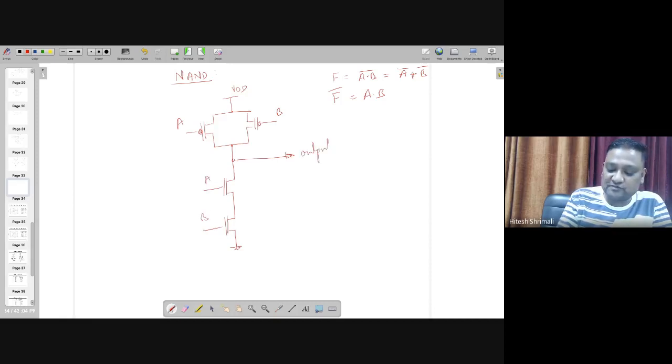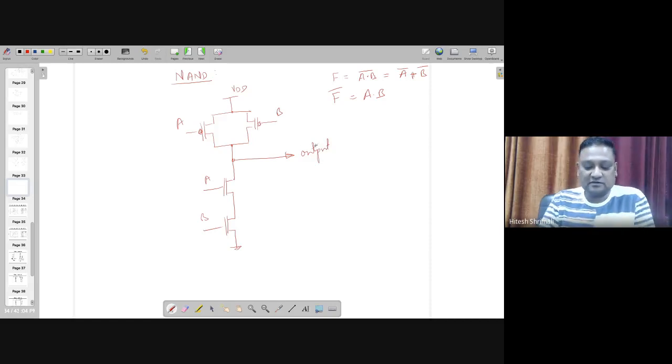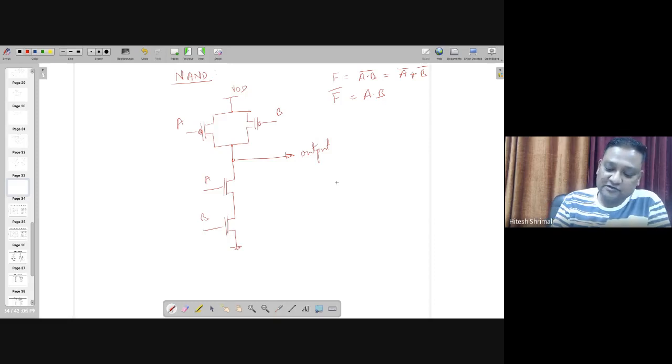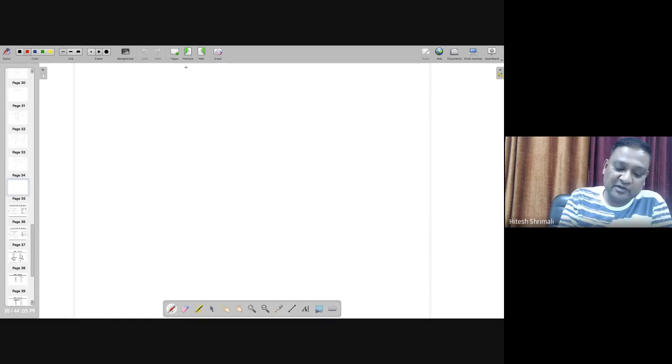This was just a revision of the previous thing which we have studied. You can try maybe another function, like A B bar plus B C, let's say.